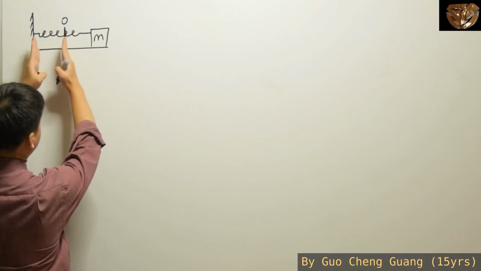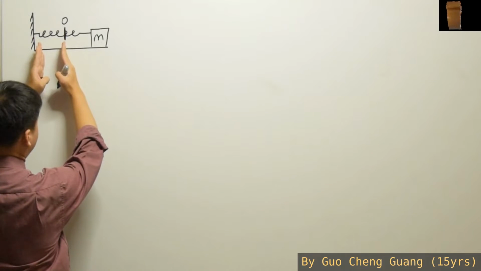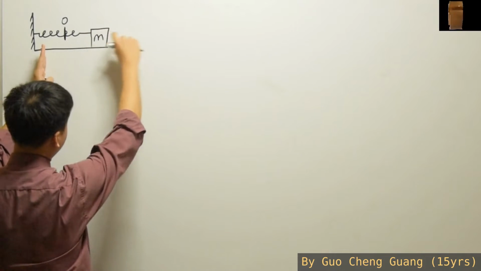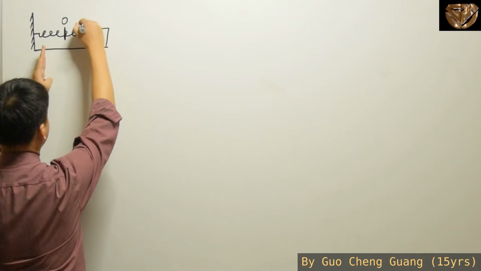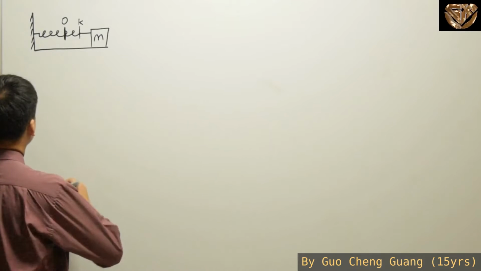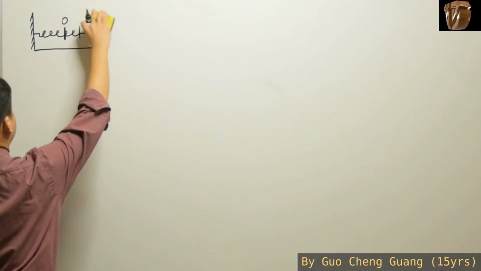So originally the spring is this long. But now you have a force on the mass that pulls the spring this much. So how do you calculate the force you have over here? Whoops, X and not K, sorry.